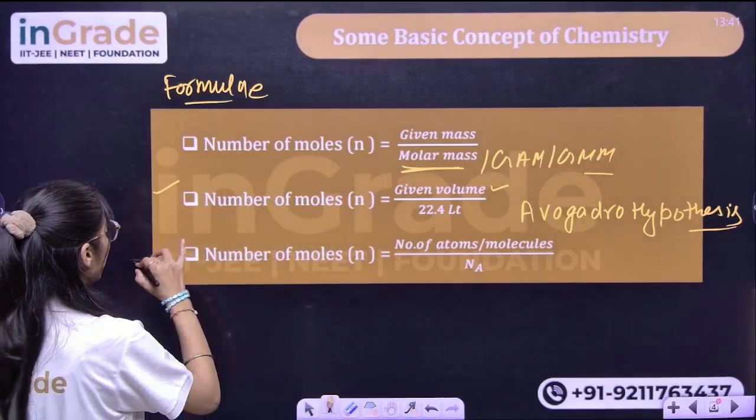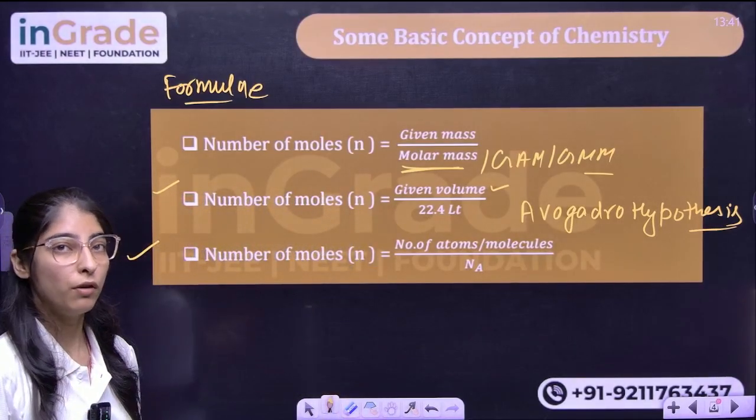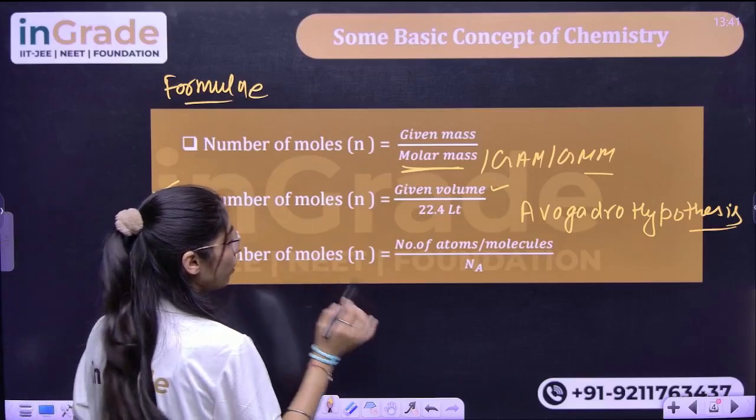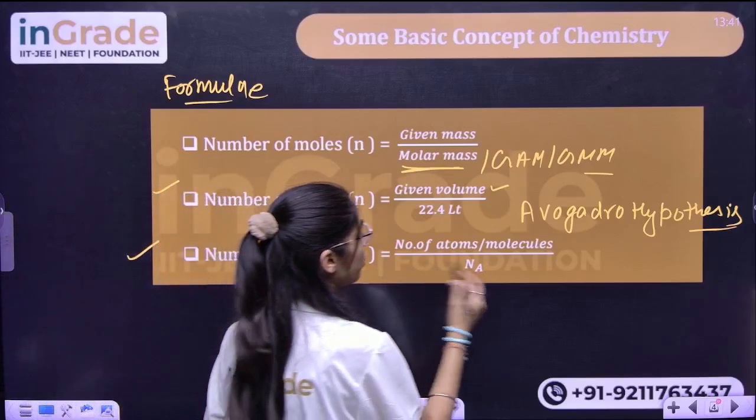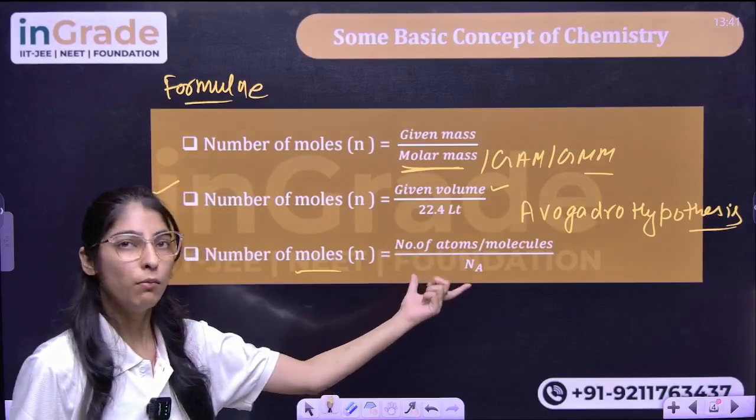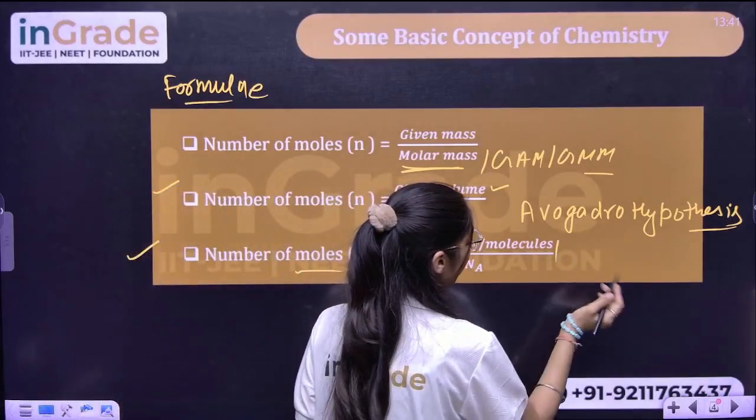Last but not the least, there is a very important formula, which says that if you want to calculate number of moles in terms of atoms, ions or molecules, then you simply divide the number of atoms, molecules, ions by your Avogadro number.